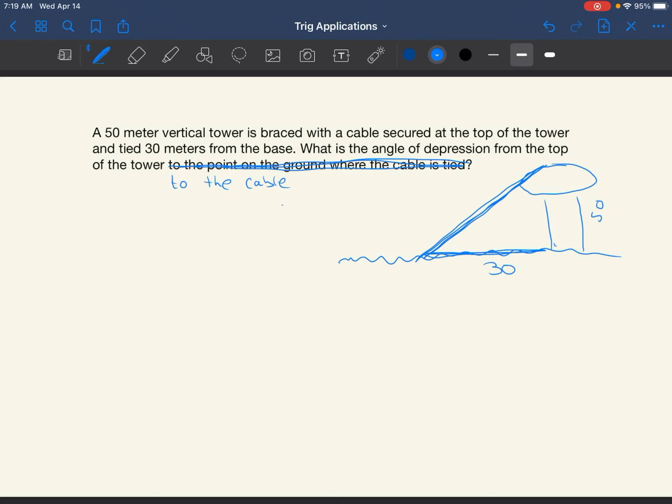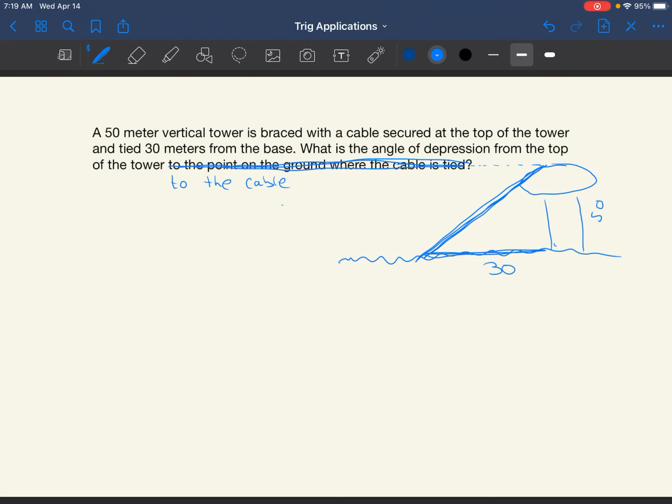Well, the angle of depression is that angle that goes from the horizontal down. So we have to start from the top of the tower. Here's the top of the tower. First thing I have to do is draw my horizontal line. So this is my horizontal line right here.